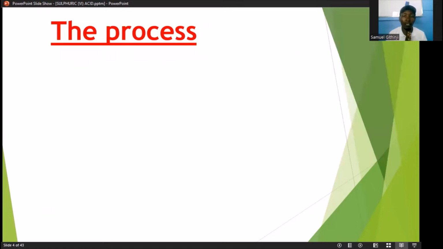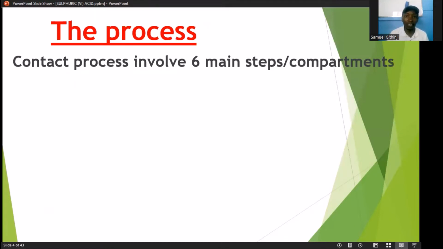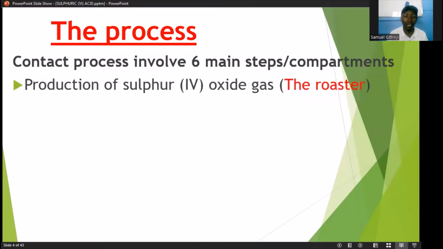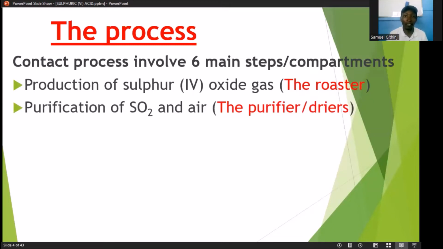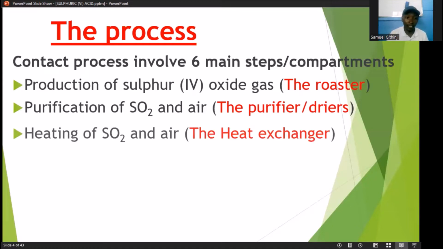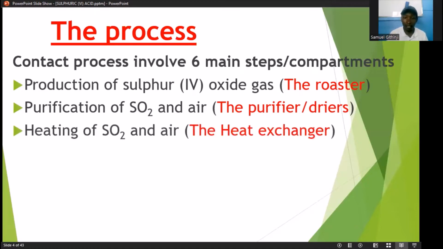Going ahead, I now need to take you through the contact process itself, and we see what exactly happens. So the contact process has 6 main stages or compartments that we need to be very conversant with. Stage 1, production of sulfur (IV) oxide, that is in the roaster. 2, purification of the sulfur (IV) oxide and air. That one is done in the purifier or in the dryers. 3, the heating of sulfur (IV) oxide in air in the heat exchanger.